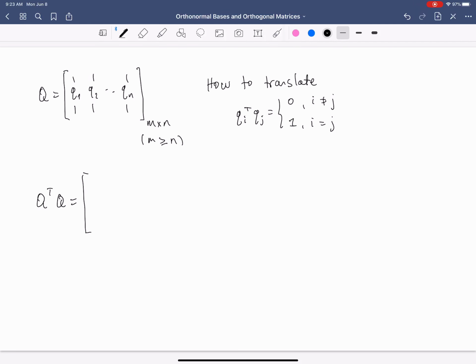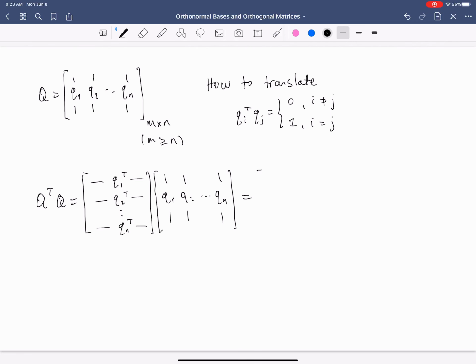In Q transpose, I would have Q1 transpose as the first row, Q2 transpose as the second row, Qn transpose as the last row. And then in Q, I have the Q's as columns. Now, what do I get? Obviously, I'm going to get an n by n matrix. So this will be a square matrix.